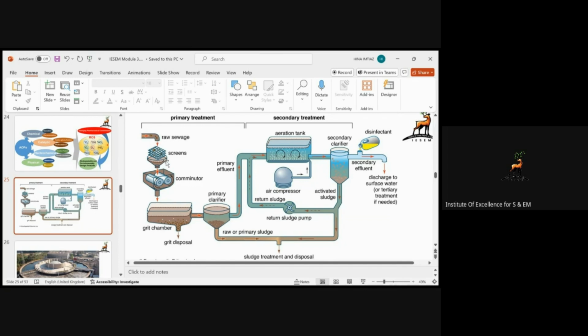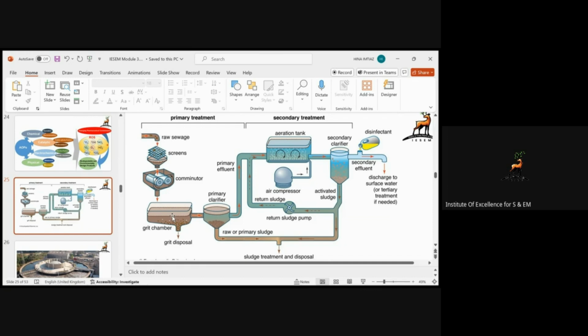The first step is screening, which is the preliminary stage, and in the second step you are going to use the comminutor, which is basically a revolving body, and the water is then passed into the grit chamber.